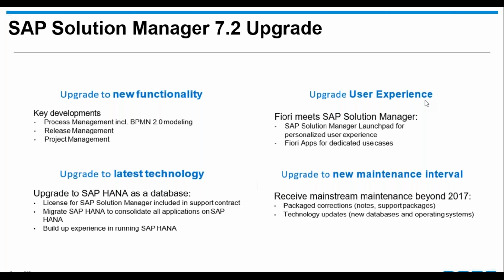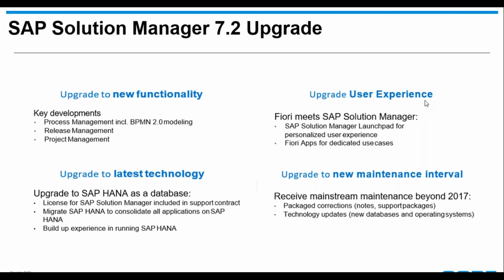So, 7.2 upgrade. We talk a lot about upgrades. There are two different types of upgrades. One of them, of course, is your enhancement pack upgrades, and we'll talk a lot about that as we go through this, because that's what change impact analysis is all about. But there's also the Solution Manager 7.2 upgrade from 7.1, and you can see a lot of the items on here.